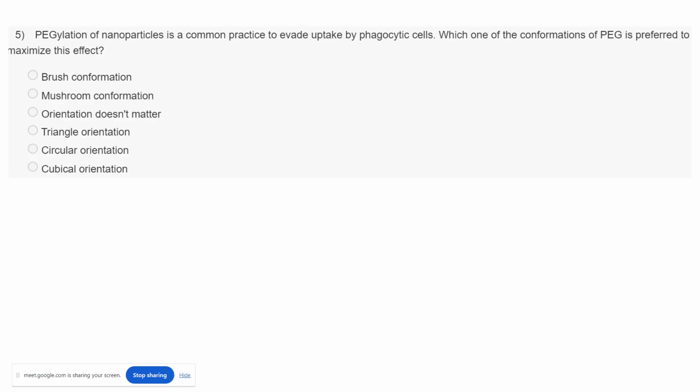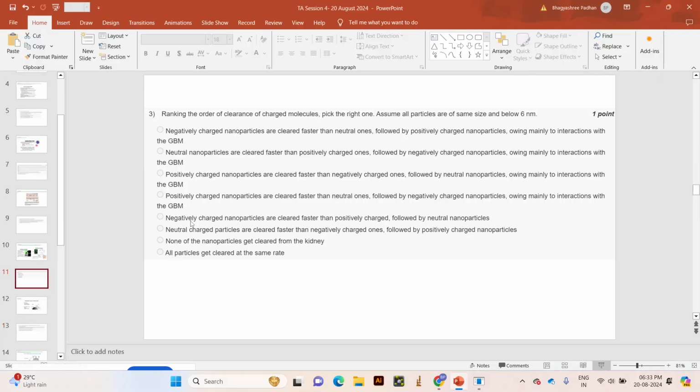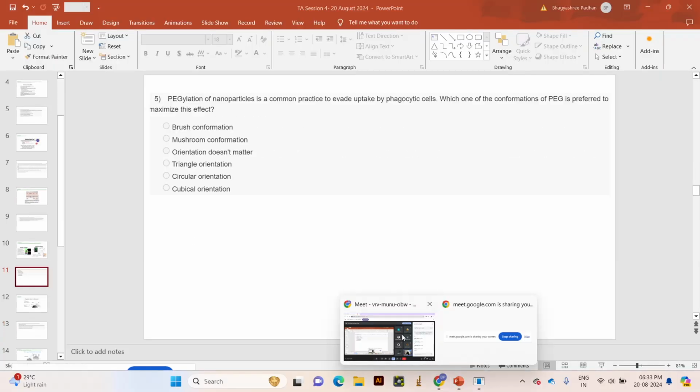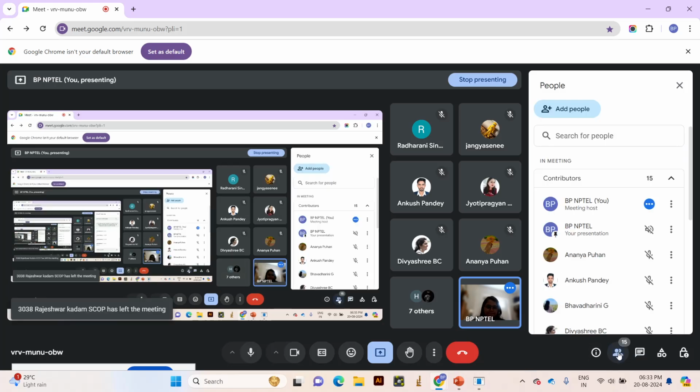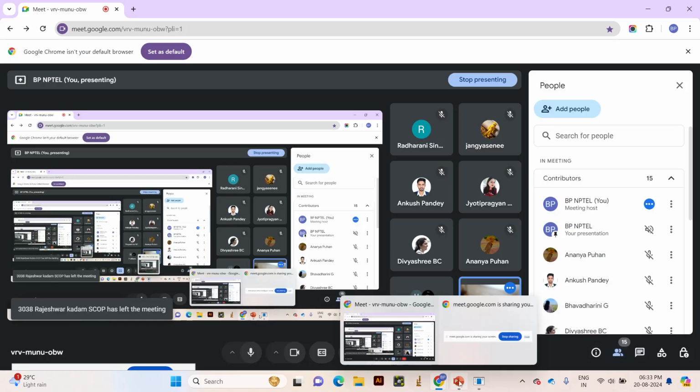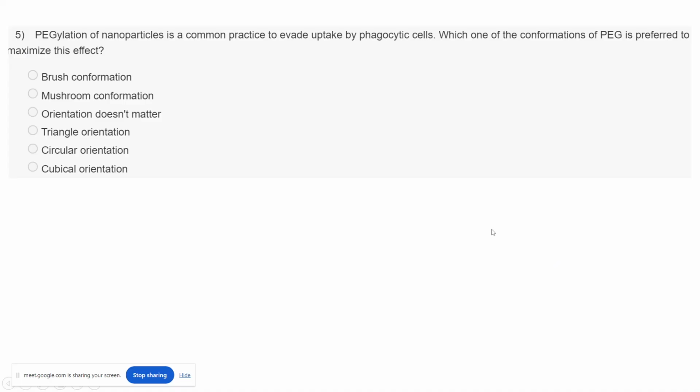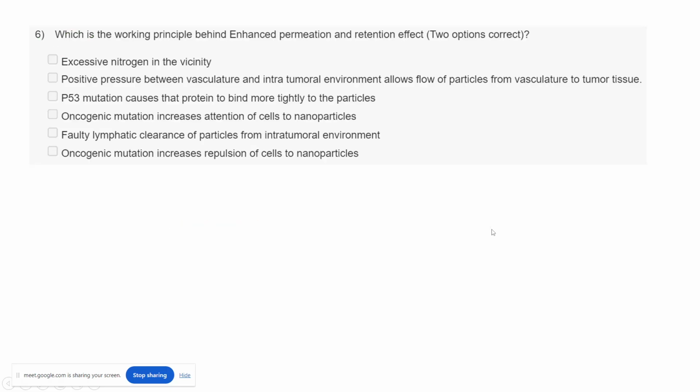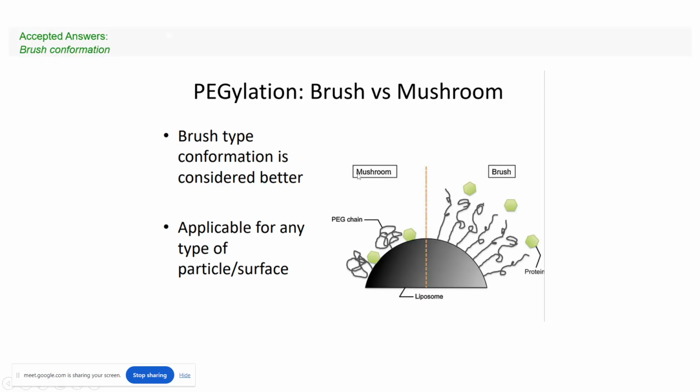Okay, the correct answer is brush conformation. Okay, so here we have mushroom conformation that basically sits like mushroom in, and there are spaces in between two different PEG polymer that forms a mushroom shape.